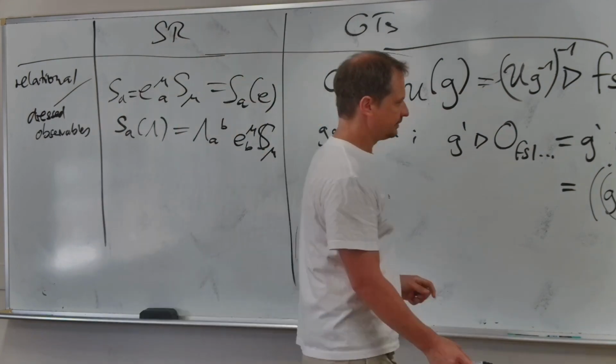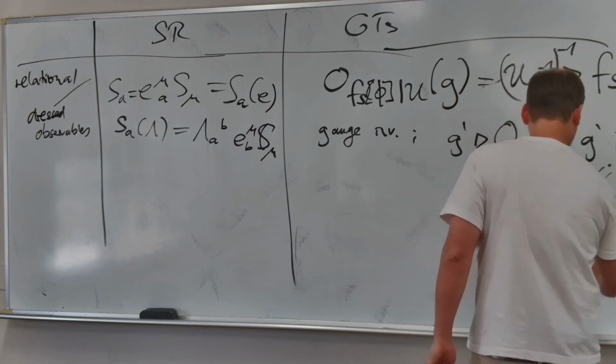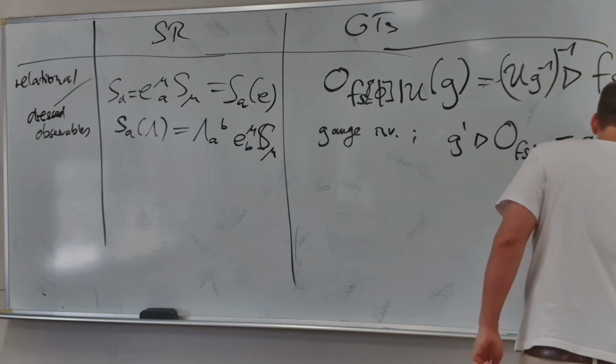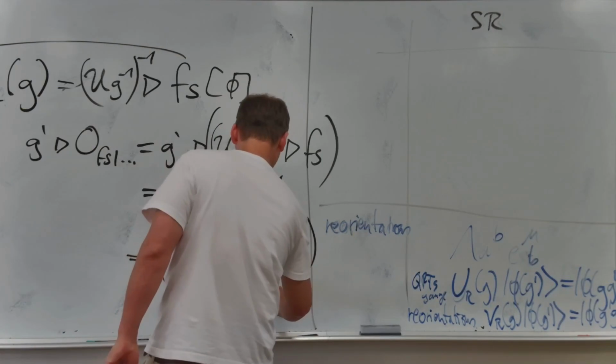And so now you can recall that this is nothing else than g prime U, inverse, and then g prime acting on F_s.